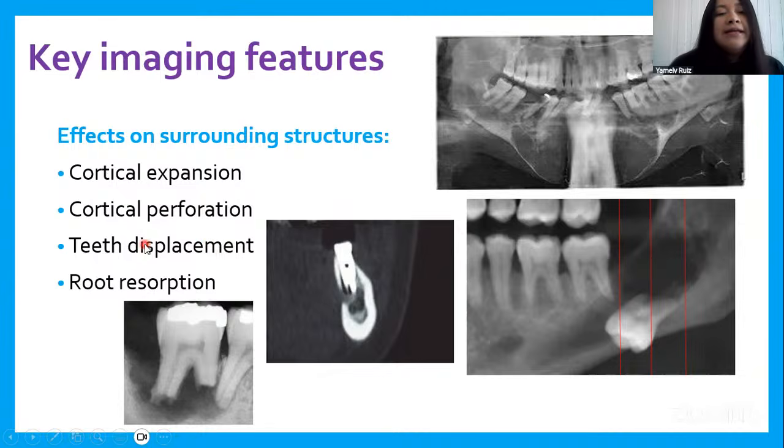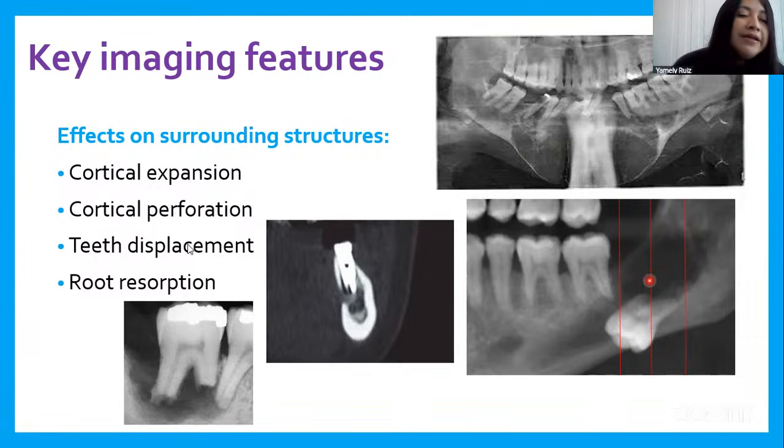The third one is the teeth displacement. Teeth displacement means that the lesions are growing, and sometimes when the lesion is bigger, it can move the tooth to another position. This is very important because sometimes we can see this in some aggressive lesions.